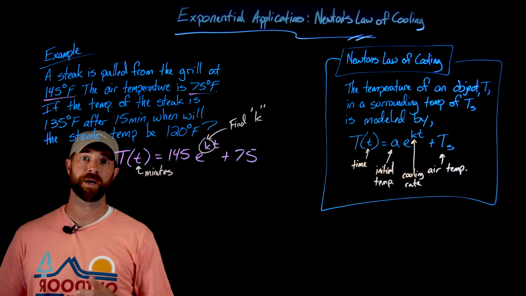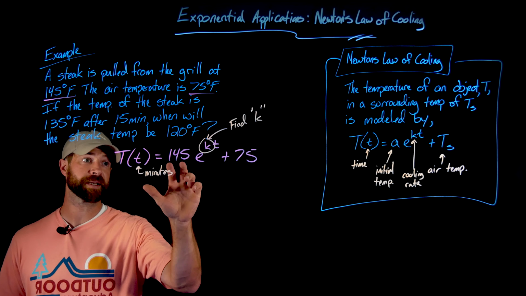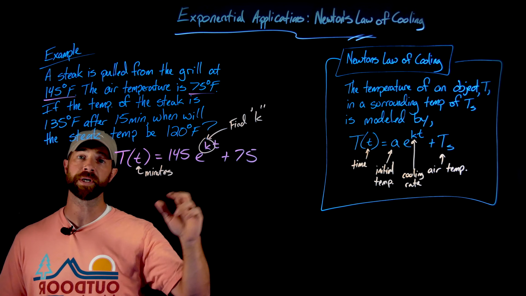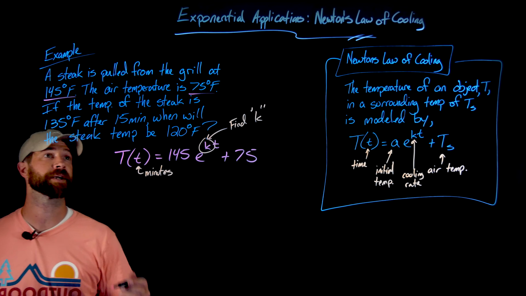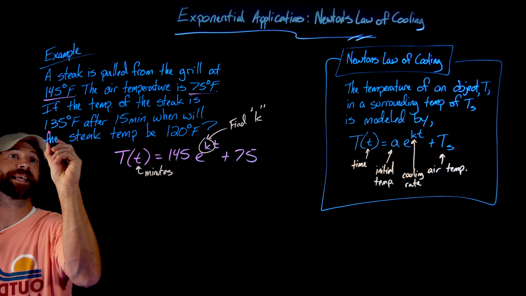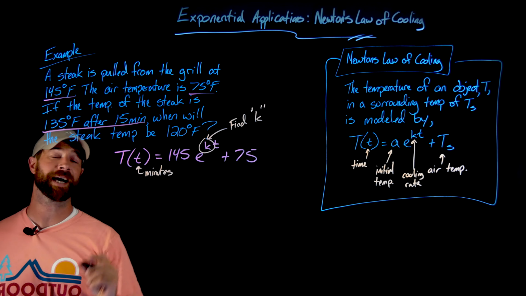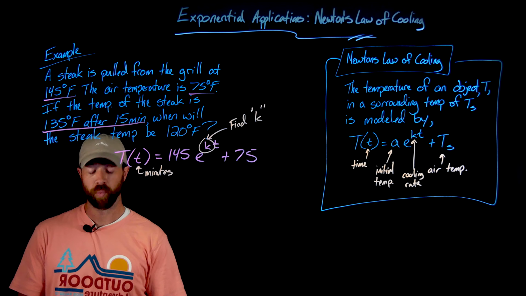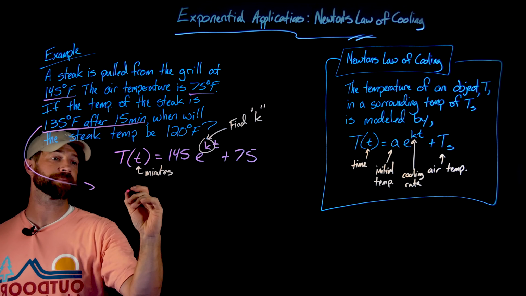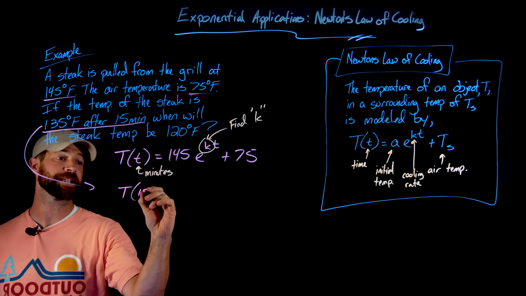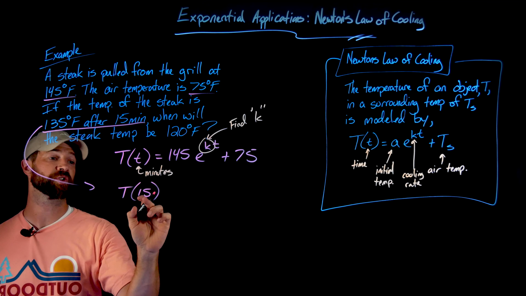In order to find k, we need a bit more information. We do know the initial temperature and the room temperature, but we need more information, and we have it right here in the statement that the steak is 135 degrees after 15 minutes. What that statement means, given this model, is that T of 15 equals 135, because I chose my inputs to be in terms of minutes.